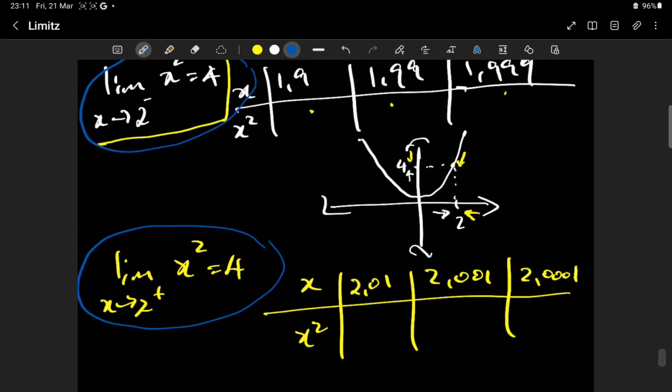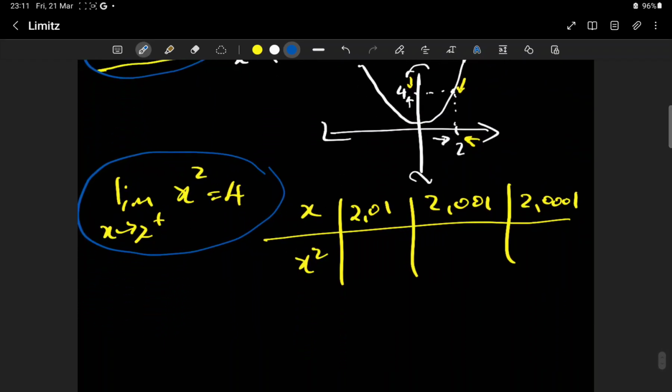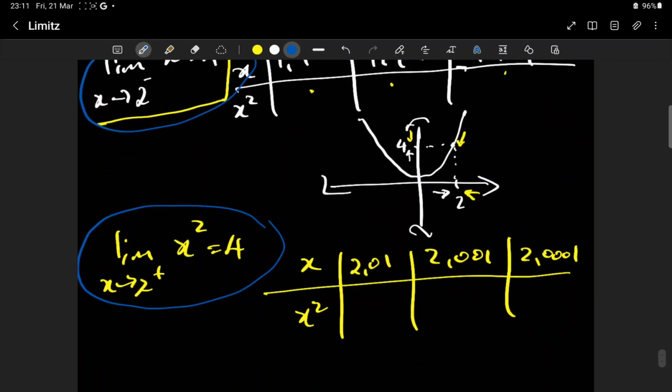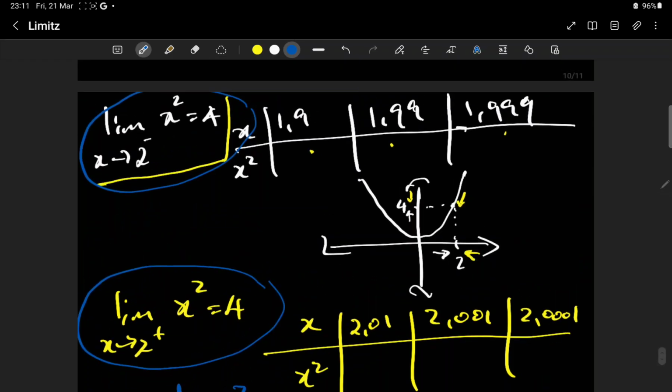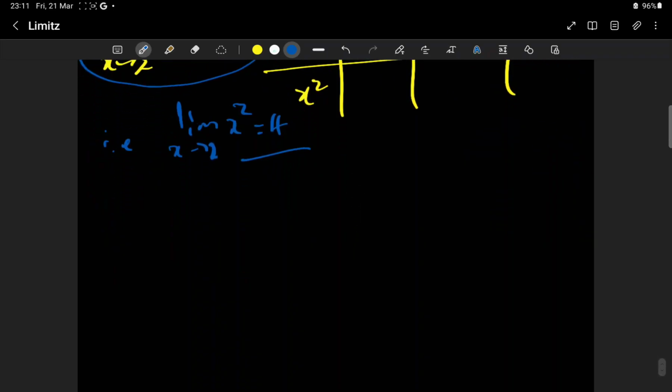So in that case, if we have this, it means that the limit as x tends to 2 of x squared is indeed 4, like we have seen before. So we have a theorem on this.